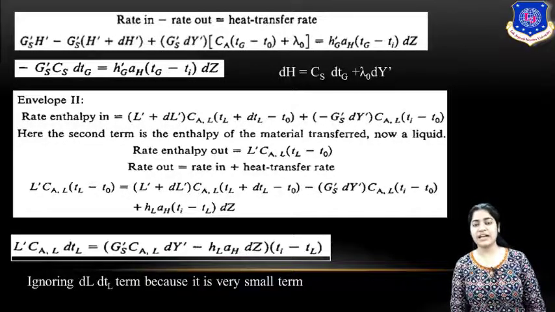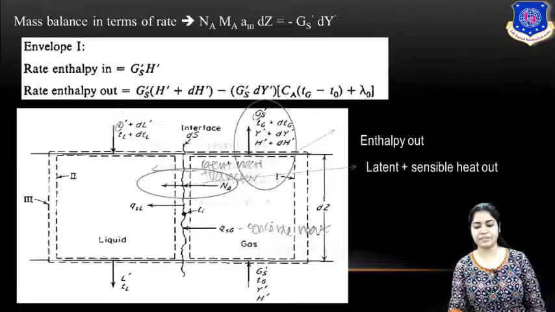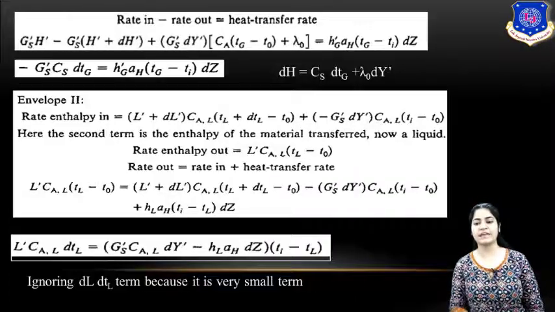So hG' is your heat transfer coefficient, Ah is the heat transfer area and Ti is the interface temperature. At the interface between the liquid and gas, the temperature is Ti. So that is your heat transfer rate.